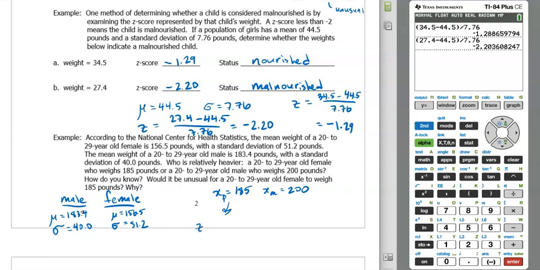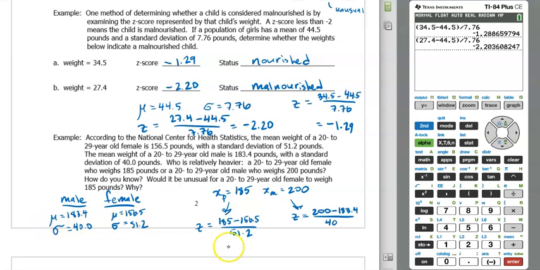The z-score for this female is going to be the data value, which is 185, minus the mean, which is 156.5, and then divided by the standard deviation of 51.2. Whereas for the male, our data value is going to be 200, the average is 183.4, and then we divide by the standard deviation of 40.